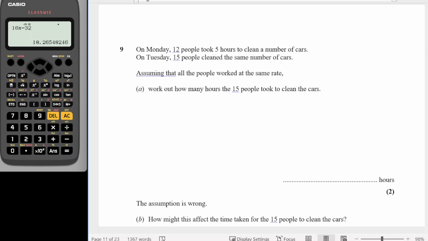It is inverse proportion, although to be fair, the way I would look at it is if we have 12 people working for 5 hours, it means that in effect we've had 60 hours worth of work done. If we've then got 15 people working to cover the same amount of work, we're going to do 60 divided by 15, which is 4. So it will take them 4 hours.